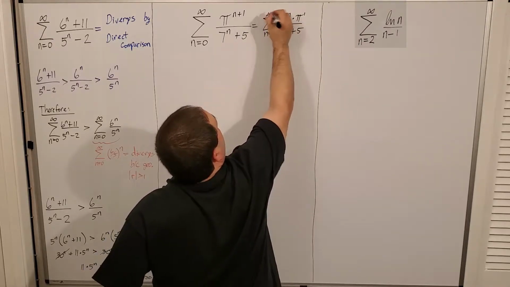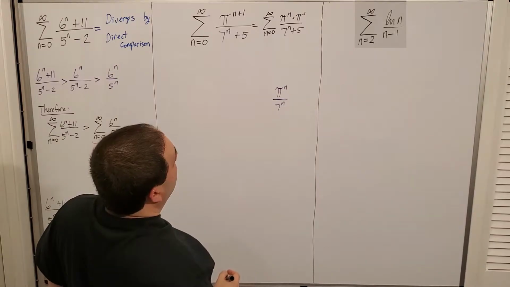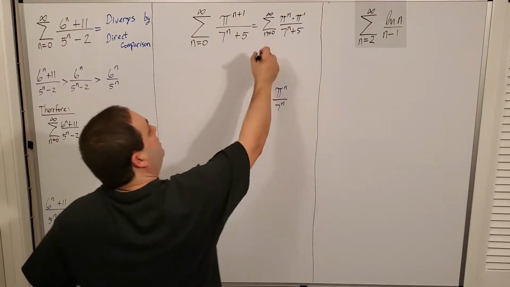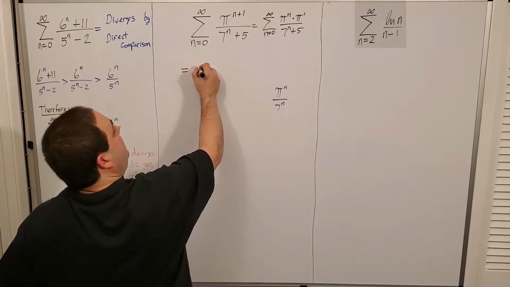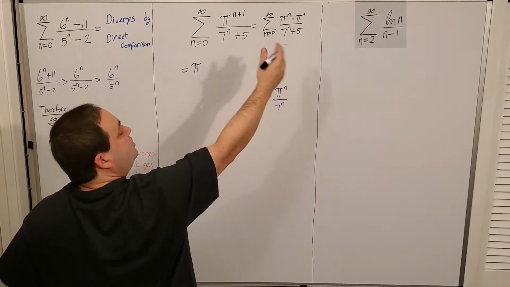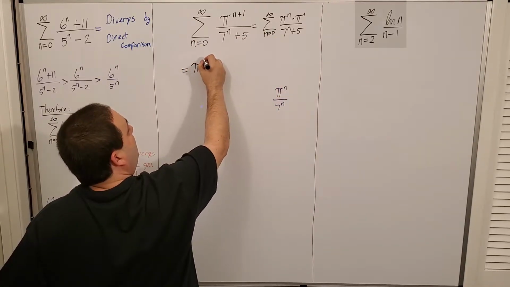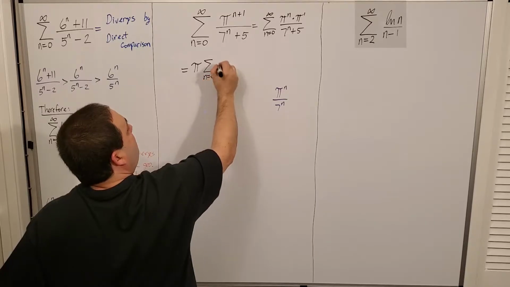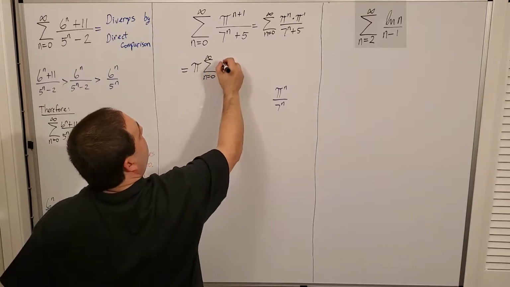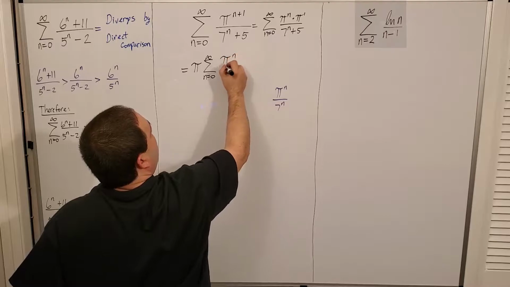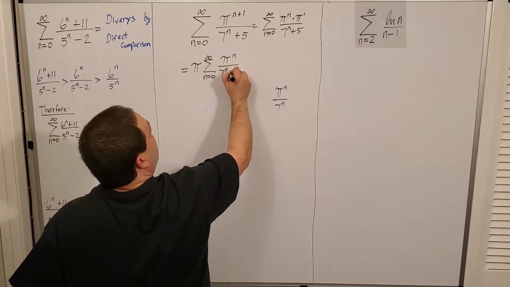And my summation is unchanged. Okay? Then this is going to be equal to pi, because pi is just a number I'm going to factor out, times the summation, n equals 0 to infinity, of pi to the n over 7 to the n plus 5.